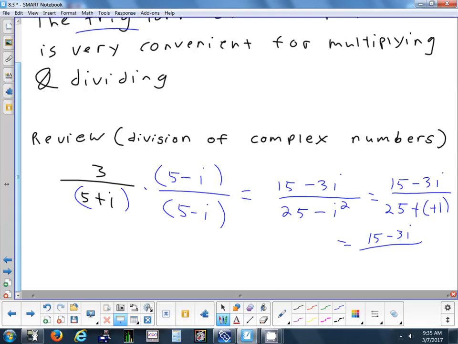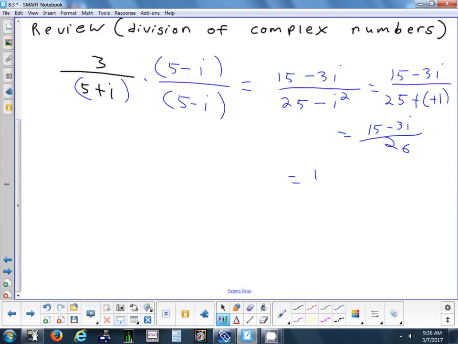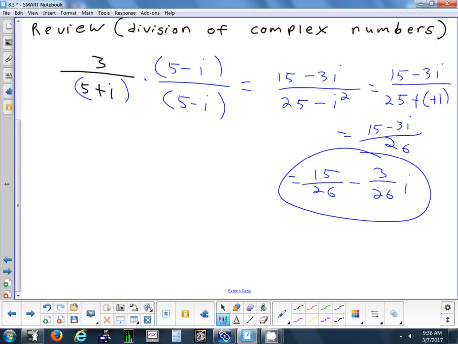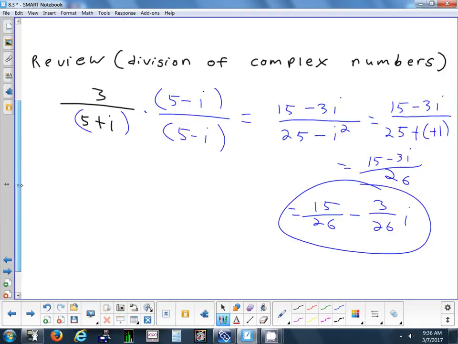Yep. So it's 26. And finally, the last part would be to separate that into a real part, 15 over 26, and an imaginary part. And that's the answer if you want to divide two complex numbers in standard form. Okay, a lot of different things you have to remember. Multiplying by the conjugate, and then foiling everything out.